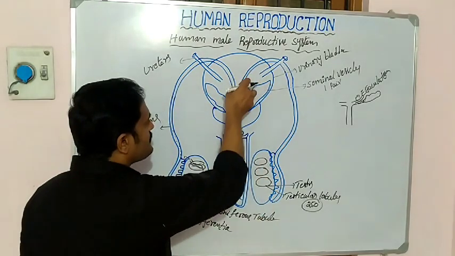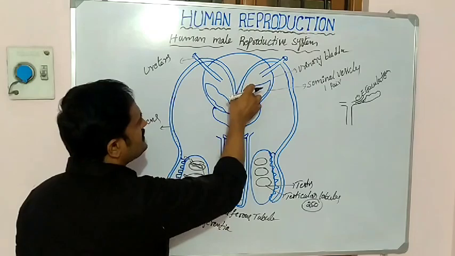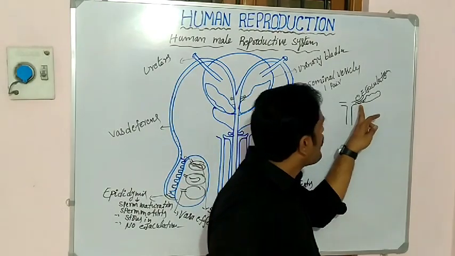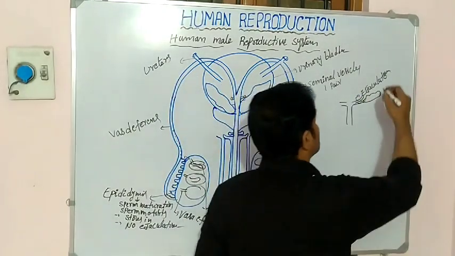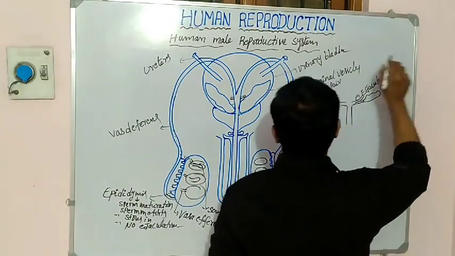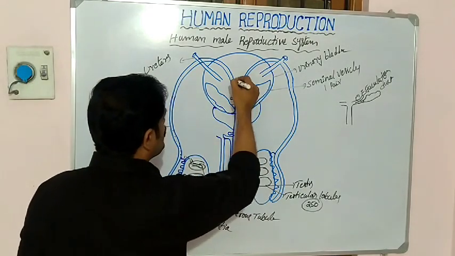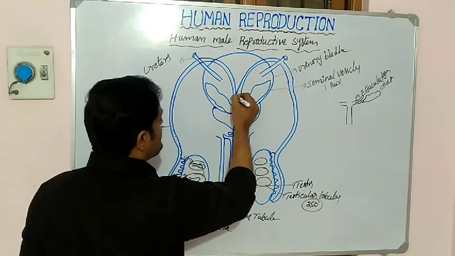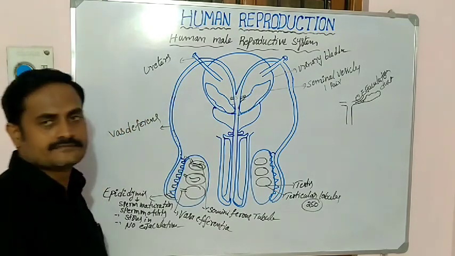So here both seminal vesicles and both vas deferens open into one tube. That tube is called what? Ejaculatory duct. See what will happen here. The vas deferens releases the sperm cells into the ejaculatory duct.